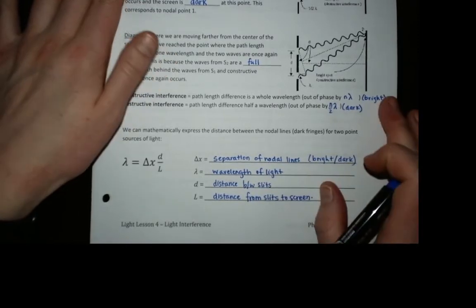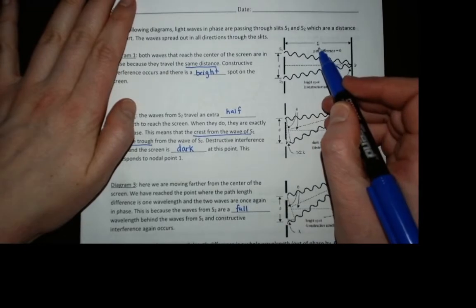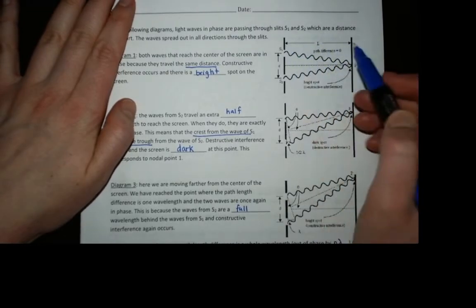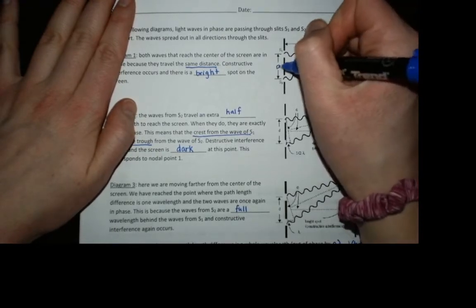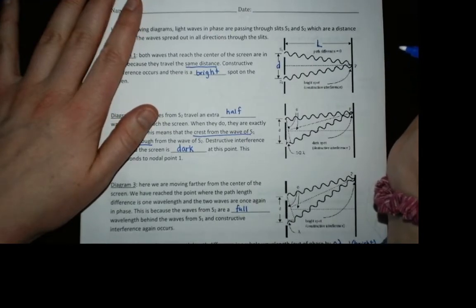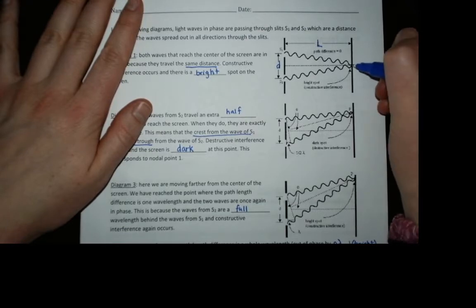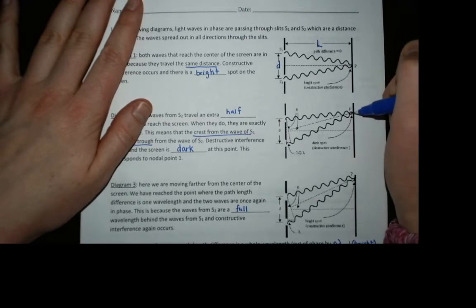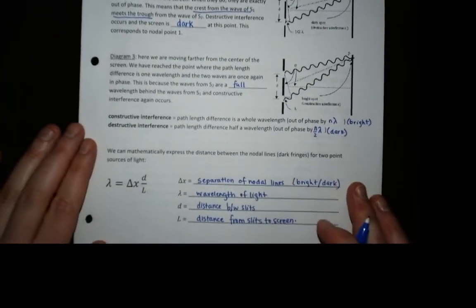So if we look up here, this first diagram actually shows it. L is the distance from the sources to the screen. Then we've got the distance between the actual slits. And then over on this side, we would have the separation of the band. So between this band and this band, that would be represented by delta x.